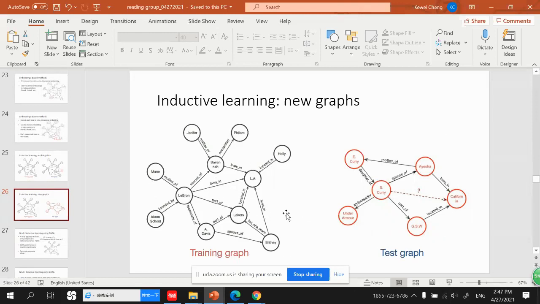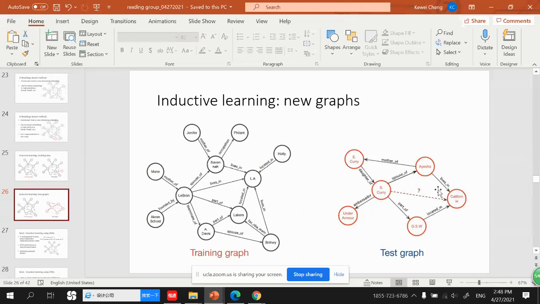As long as we know the underlying rule contained in this training graph, we will be able to predict the links in the test graph. So that is the basic idea.